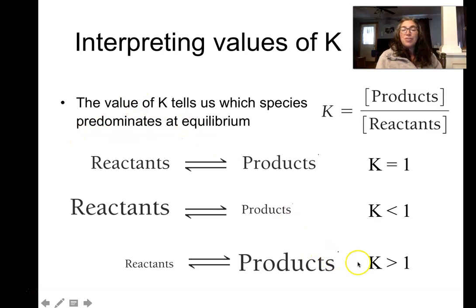And if K is greater than 1, it means that the products predominate, that the numerator is larger than the denominator, so there's more products than reactants. A good question would be, in that previous demonstration that we watched, would that reaction have a value of K equal to 1, less than 1, or greater than 1? Did it have more products at equilibrium, or more reactants?